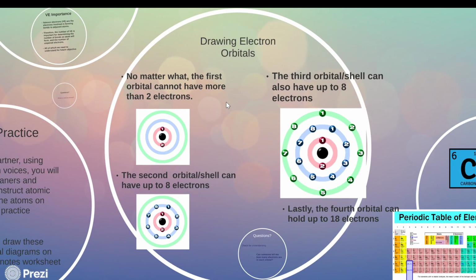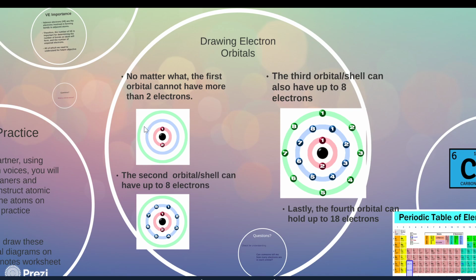In general, we figure out how many there are based off of our electron diagrams, the same diagrams that we've been drawing. We use those drawings to determine how many valence electrons there are.